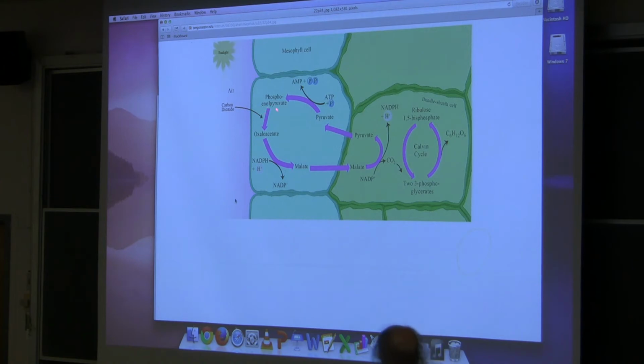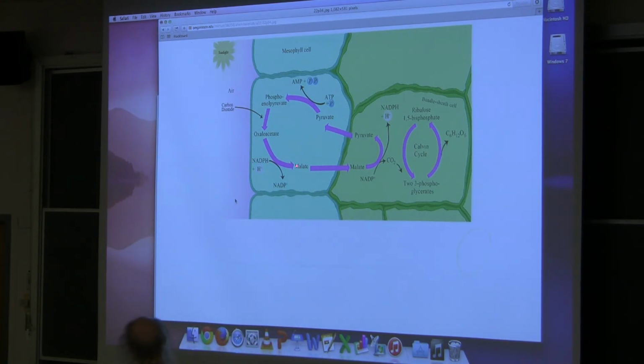This process starts right here with a molecule of phosphoenol pyruvate. When phosphoenol pyruvate combines with carbon dioxide, with an enzyme that's found in these plants that I won't hold you responsible for, it makes a 4-carbon intermediate called oxaloacetate. And you've seen oxaloacetate before. There is the 4 part of the C4. Oxaloacetate has 4 carbons.